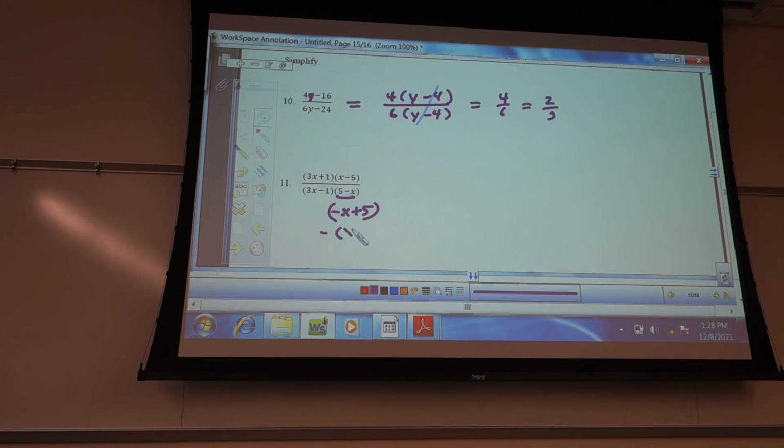X minus 5. So really this is the same thing as 3x plus 1 times x minus 5 divided by negative x minus 5. So you're going to replace that one, and then I'll leave that 3x minus 1 there.